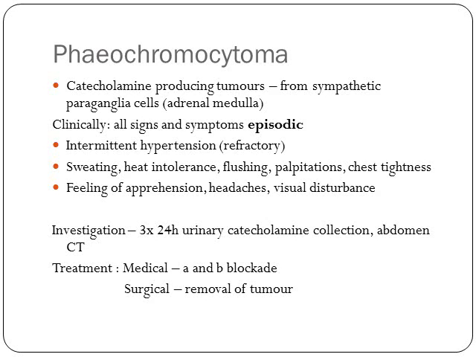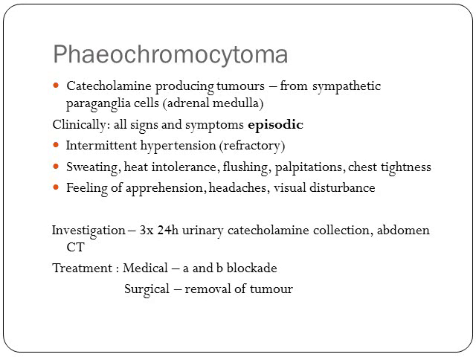Next is a pheochromocytoma, which is uncommon but quite demonstrative. It's a catecholamine-producing tumour. Clinically it's diagnosed by signs and symptoms that are often quite non-specific, but with a careful history you can pinpoint them as episodic.